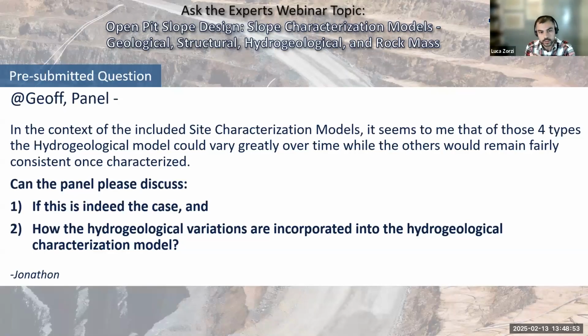So it's always good practice to go back and check, even though it's true that the hydrogeological model is the one that could have the most, I use this term, dramatic changes over time during operations. But the structural model and the geological model itself also could get substantial changes once we get more exposures. Because one of the things we're always struggling with is continuity and geometrical relationship between structures and their interconnectivity.